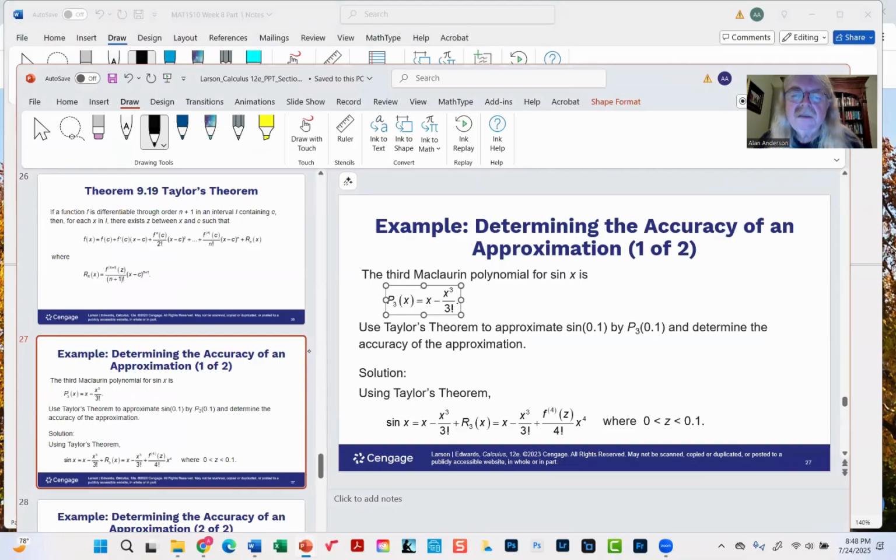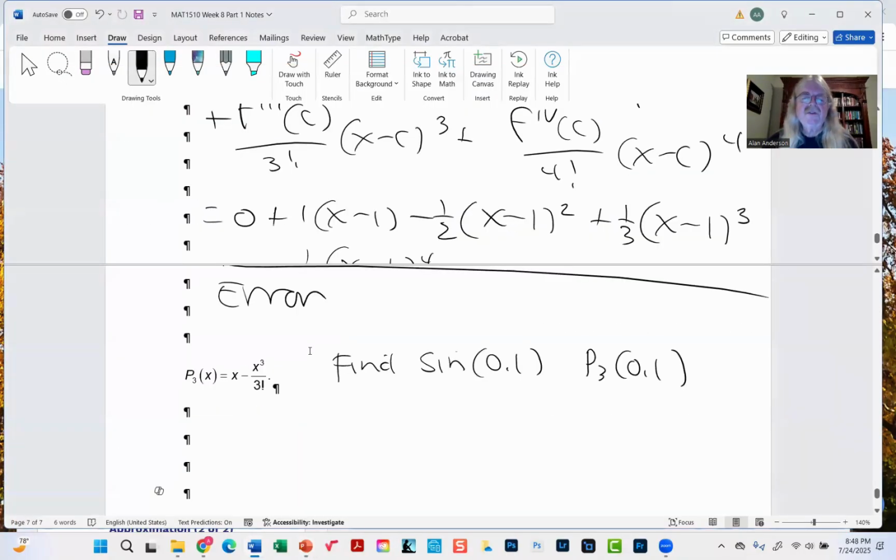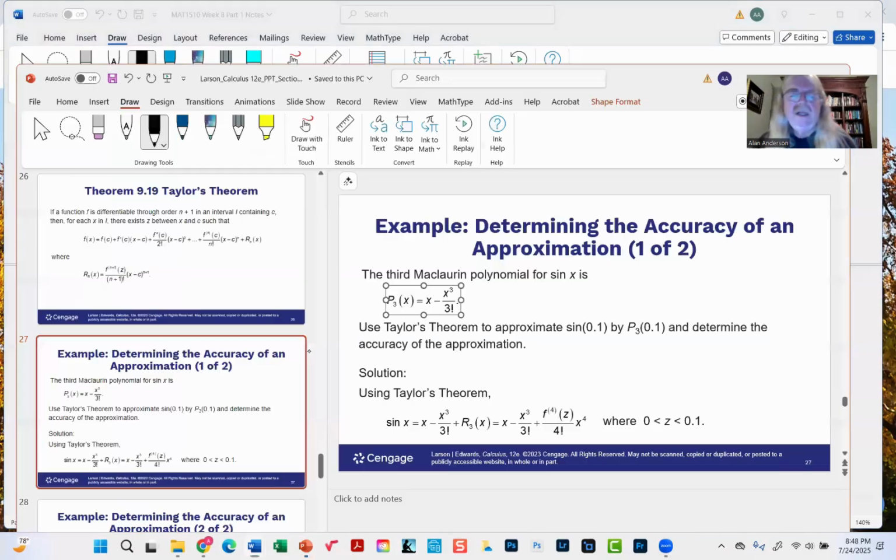Well, they've got the original, this P3, and they've also given us a general formula for the remainder.